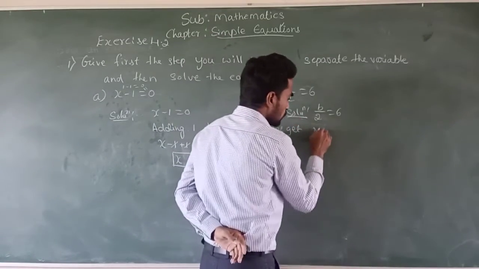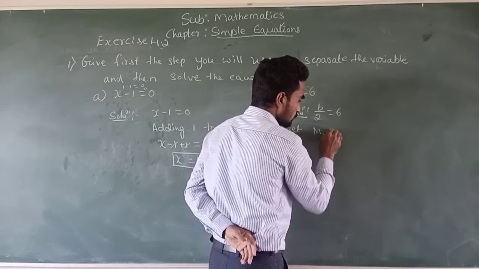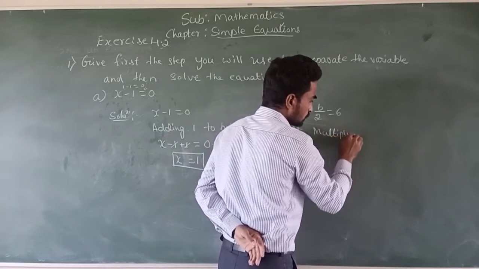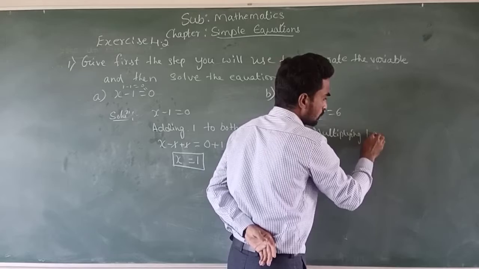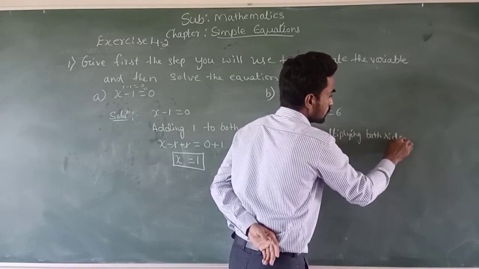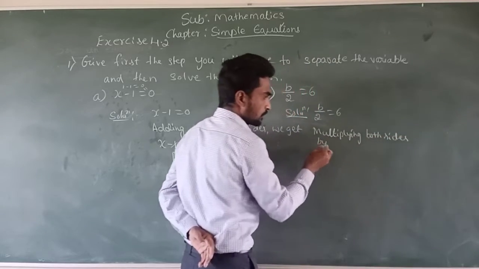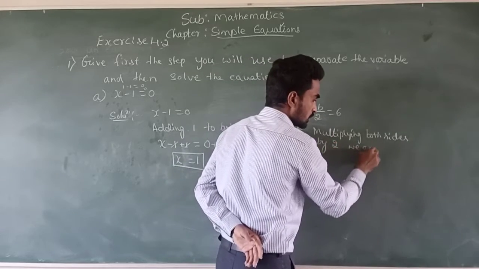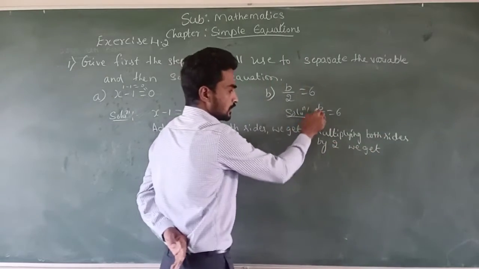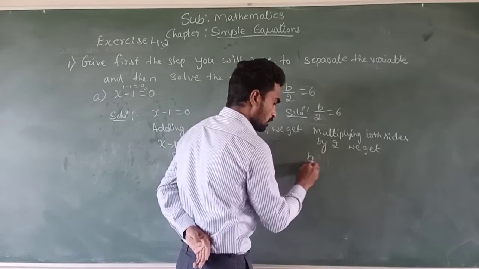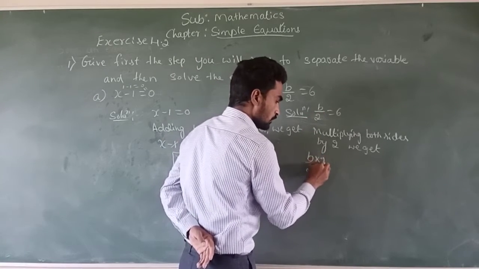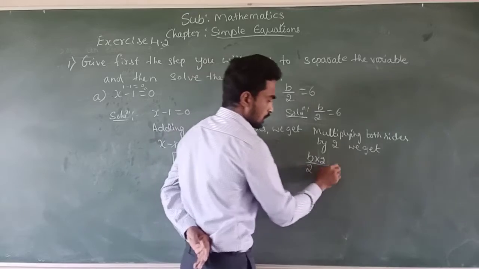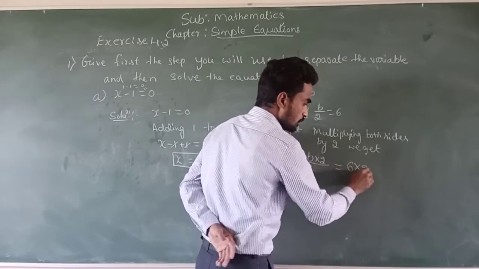Therefore multiplying both sides by 2 we get b by 2 into 2 that is equal to 6 into 2.